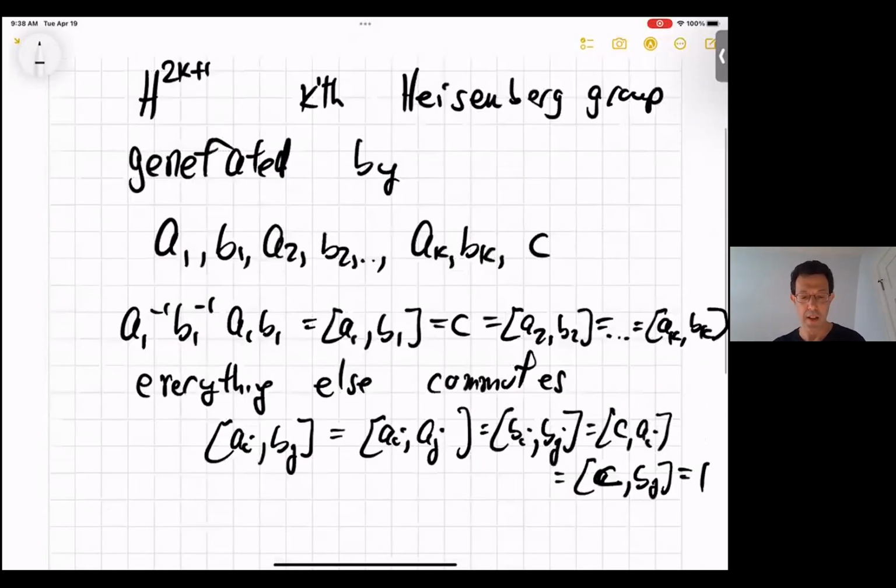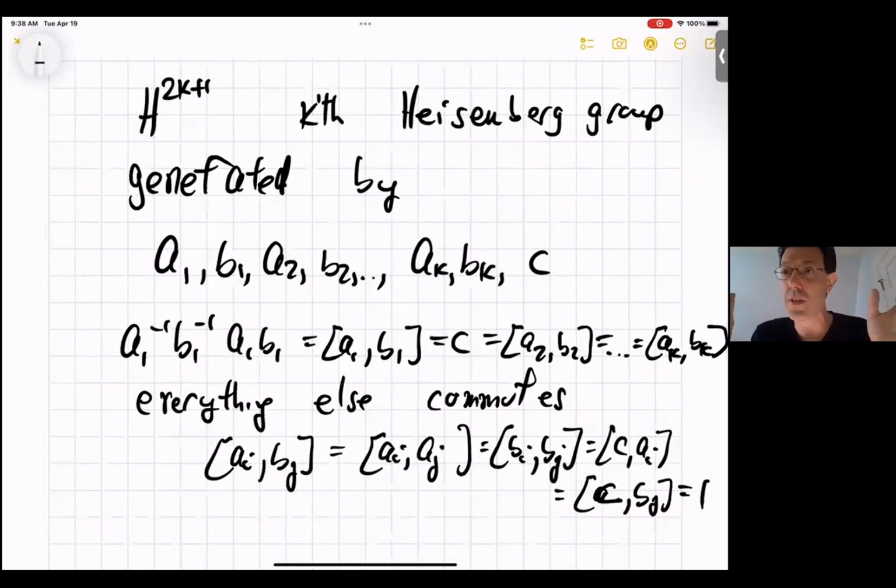So the theorem that I'm going to be showing, and this is a surprising fact, it's something that I did not expect would happen, and I will explain something very intriguing. But the theorem that I'm going to show you has a different behavior when k equals 1, in the first Heisenberg group, and when k equals 2 and up.